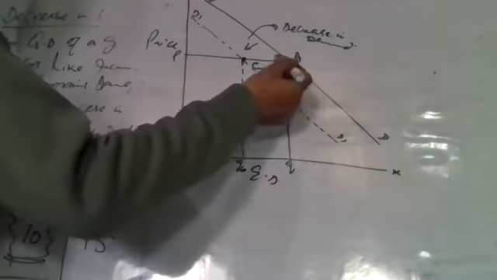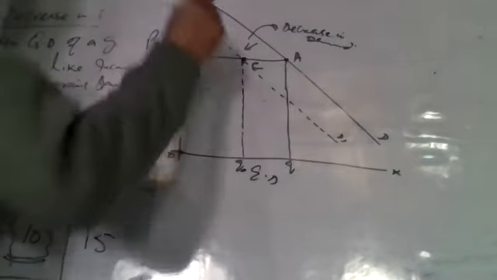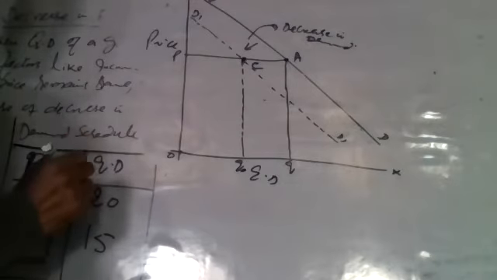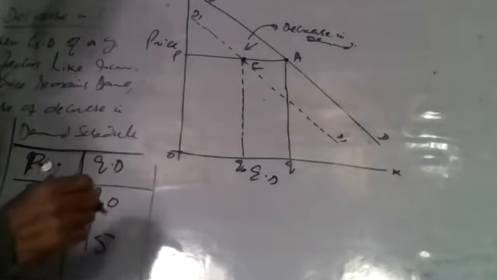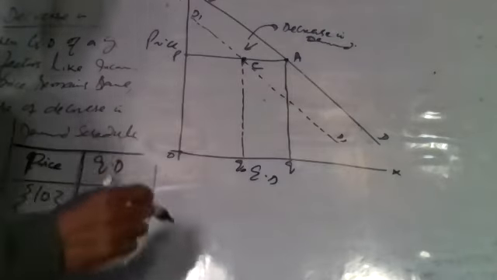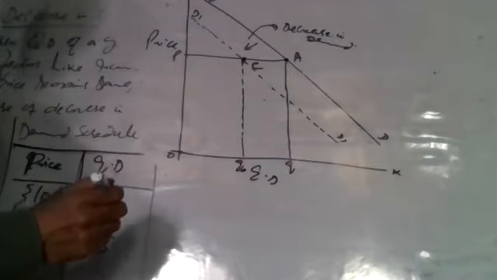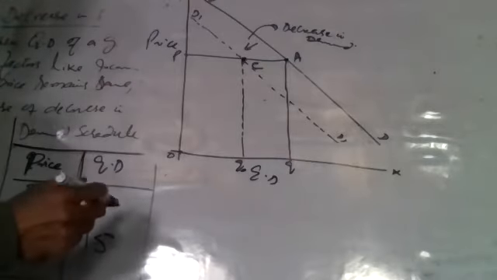We shift from point A to point C on another demand curve D1D1. So shift of the demand curve from DD to D1D1 shows decrease in demand.